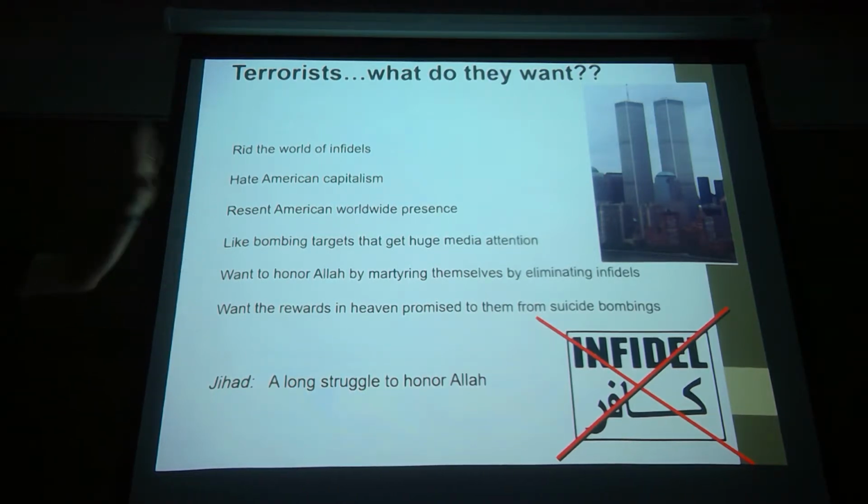They see America as the great Satan. That's what they call us, the great Satan. And one of the things they really can't stand about America is capitalism. The reason why I don't like capitalism is capitalism supports freedom of thought, freedom of expression, freedom to make money, kind of being self-made. What's interesting about that is I think if you took Muhammad and brought him to the United States today, he would look at the United States, and there would be a lot of things socially he might not like.